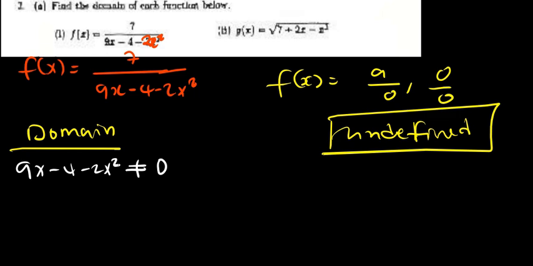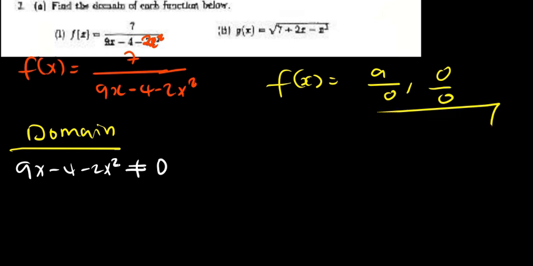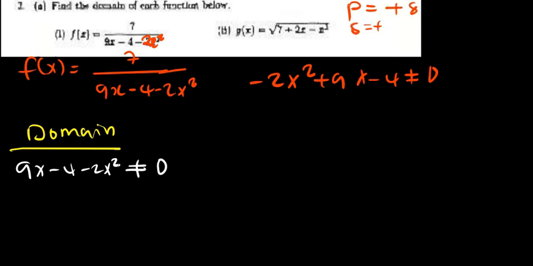The denominator should not be equal to 0. So I can arrange this to be negative 2x squared plus 9x minus 4 not equal to 0. Let's now solve for x. We are going to use product and sum. The product is negative 2 times negative 4, that is positive 8. The sum is positive 9.